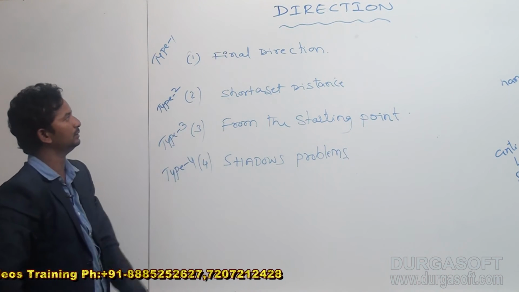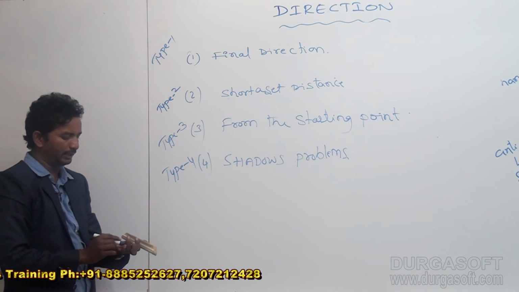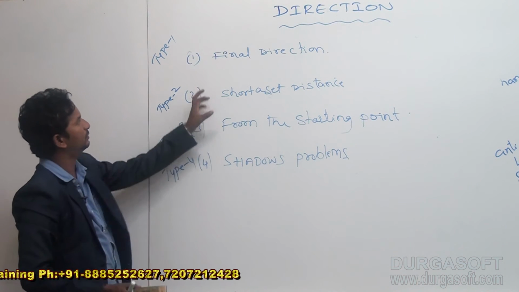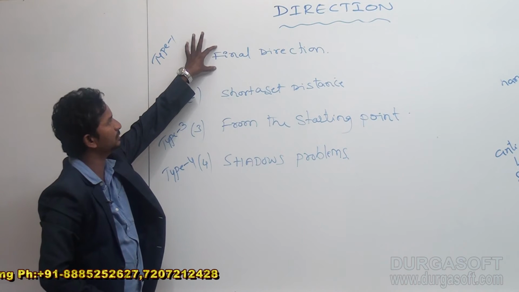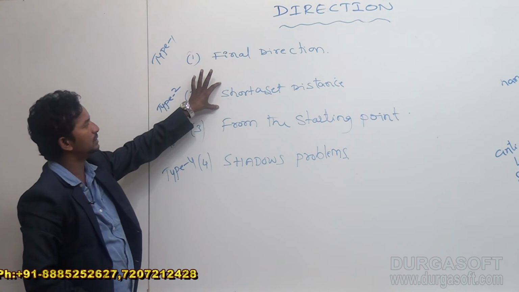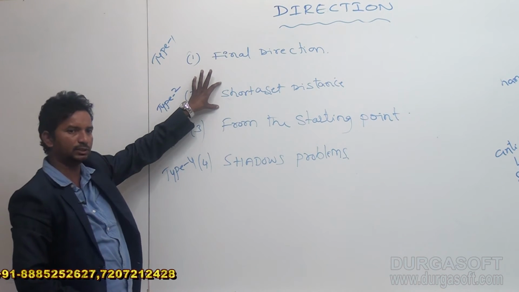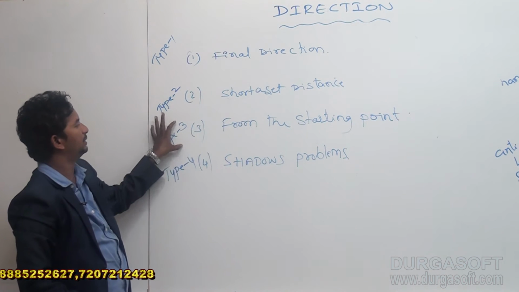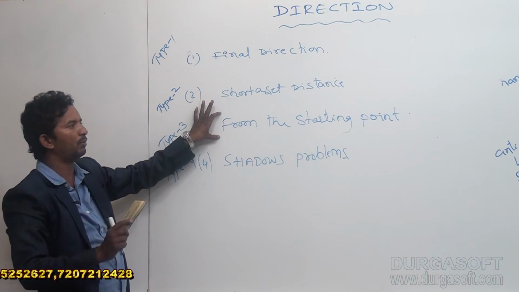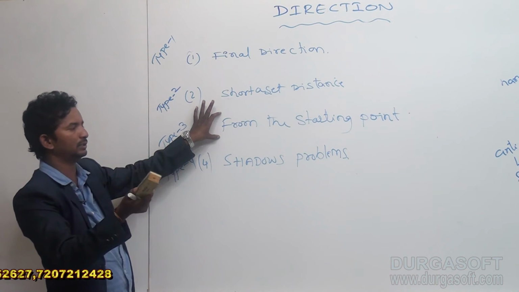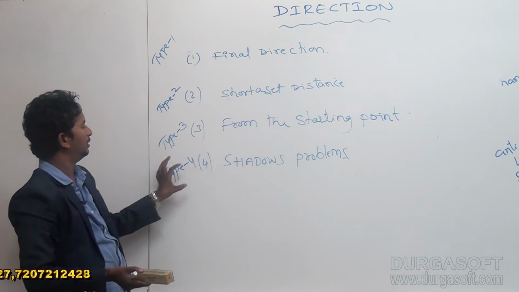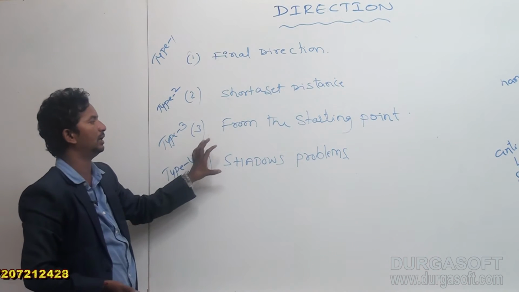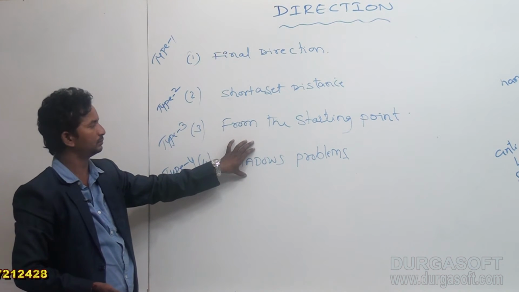In this direction chapter, mainly we are finding 4 types of problems. First one is final direction. Second one is finding the shortest distance. Third type is from the starting point, which direction the man is finally facing. Type 4 is based on the shadows problem.